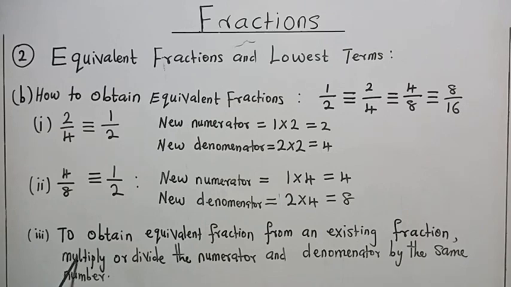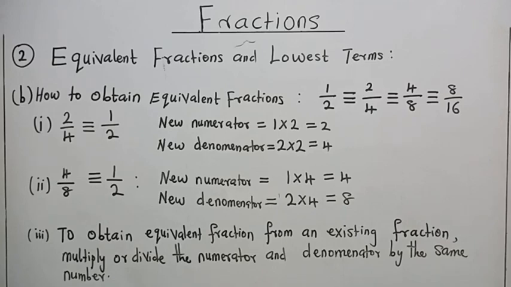When do we multiply and when do we divide? We multiply if we want to get equivalent fraction having higher values of numerators and denominators. We divide if we want to get equivalent fraction having smaller values of numerator and denominator.